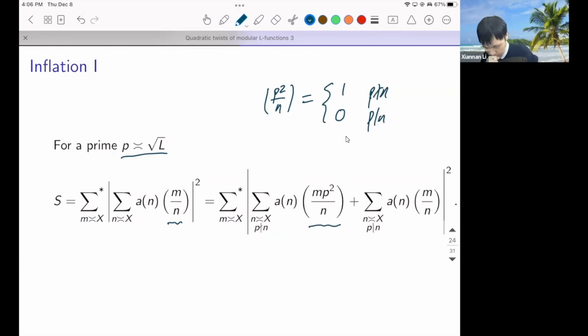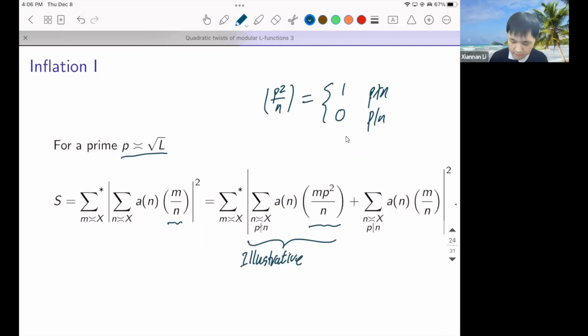So formally speaking, I do need to include two types of sums. The first term here I claim is illustrative. So I claim that if we understand this, then we understand the second term over here as well. Maybe I'll just make a quick comment that for the second term, one can use Hecke multiplicativity to deal with this condition that p divides n.